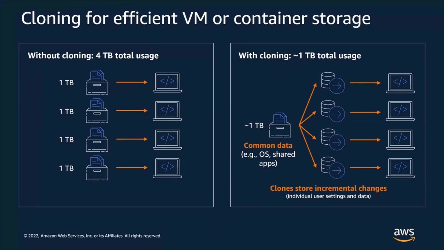So the individual data files that are being created or the individual user settings that are being changed, these are stored in isolation. But of course, because the bulk of the data is common, you're able to power the same number of end users using a quarter of the storage. And you can see how this savings or this efficiency will only increase as the number of users and the number of applications increases.